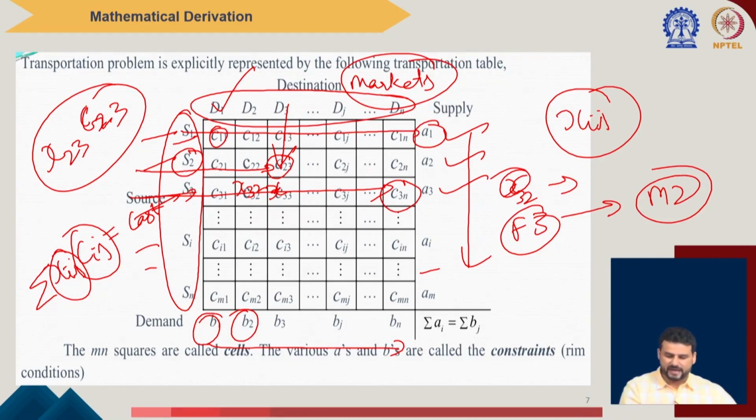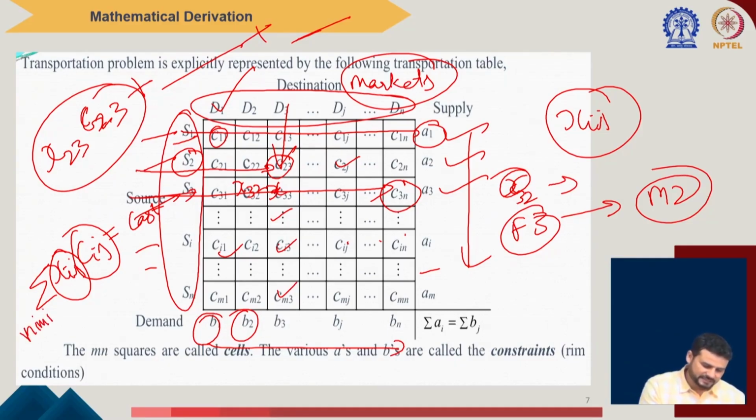In the same way, if I do the allocation in different cells, here, here, here, I can multiply the cost with the number of units and keep on adding, and then I get the total transportation cost. This is the objective function, and we need to minimize it.